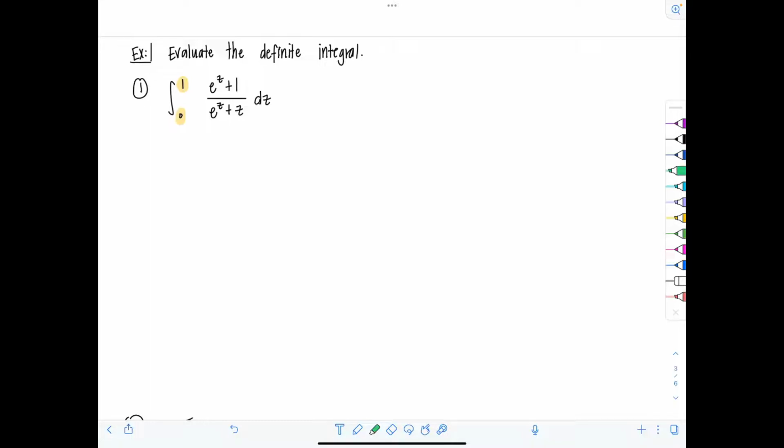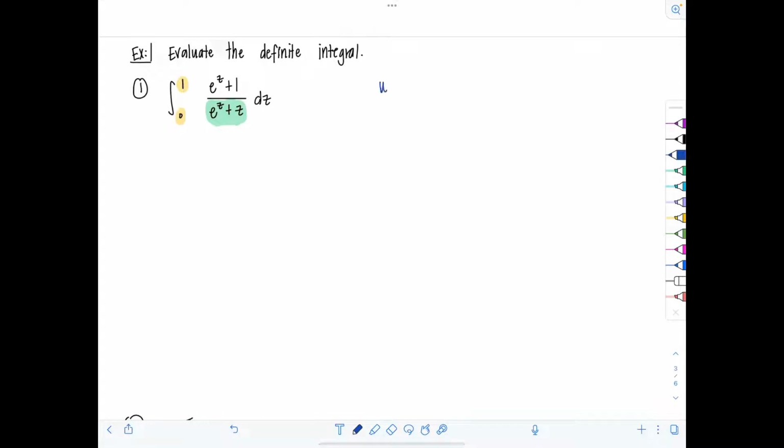On this one, I'm going to let u equal the entire denominator, and mentally I took the derivative of the denominator and I noticed it's the numerator, so I'm feeling good about that choice. When you're finding du, remember you take the derivative of all of the terms of whatever you let u equal.